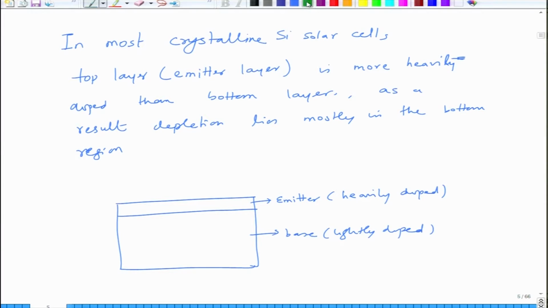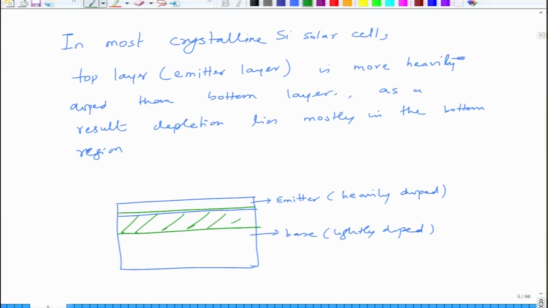So the depletion region extends up to a large distance here, but up to a very tiny distance in this region. So most of the depletion region lies in the base layer rather than in the top layer, and the emitter layer is also very thin, and we will discuss the reasons for that later, when we come to crystalline silicon solar cells, but this is how it is.